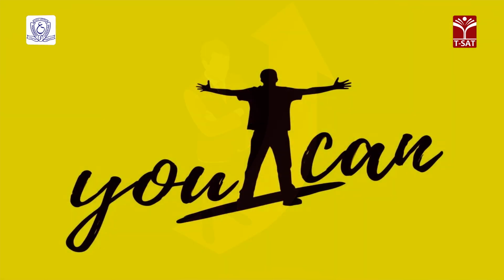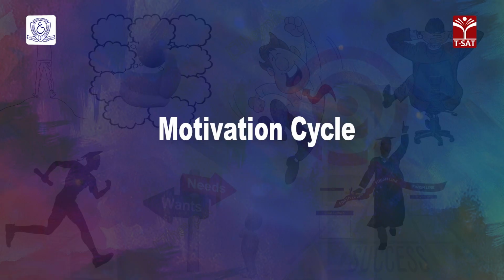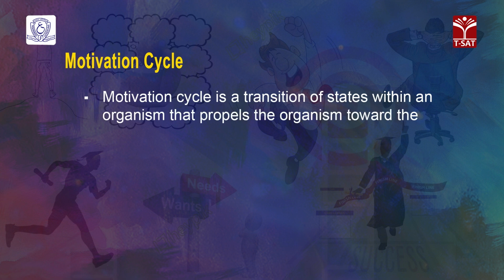Now, once you have understood the nature of motivation, uses of motivation and definitions of motivation, because I said motivation is a continuous process and it is very dynamic, we can understand that particular feature of motivation through the concept of the motivation cycle. Let us see how the motivation cycle works. The motivation cycle is a transition of states within an organism that propels the organism toward the satisfaction of a particular need.